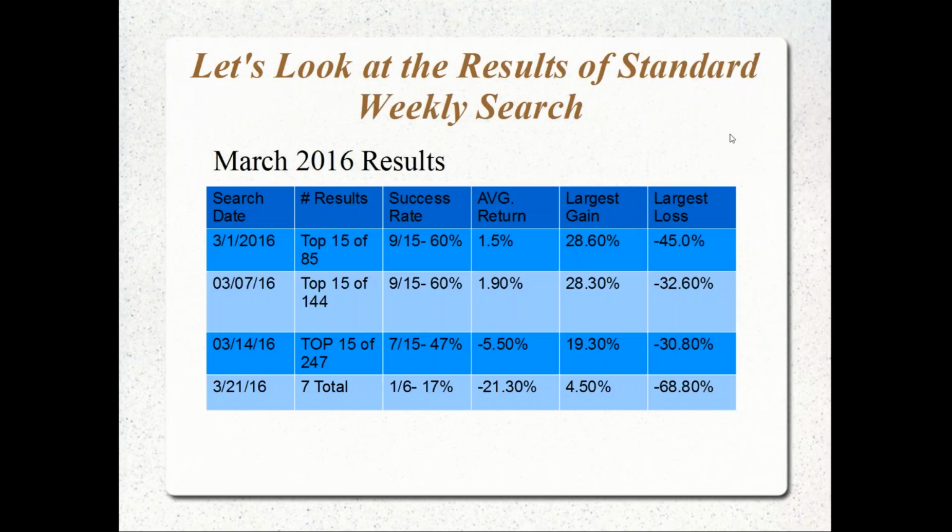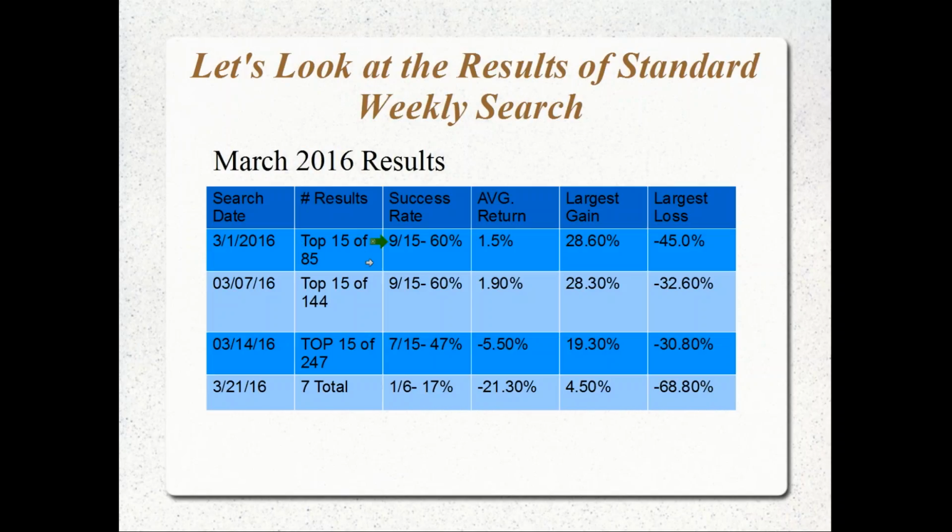And what we saw is that looking for positions that matched that criteria for the weekly diagonals, if we started on March 1st, we would have had, taking the top 15 historical trades that matched that criteria, there are 85 total, but take the top 15 as far as return and downside protection go.